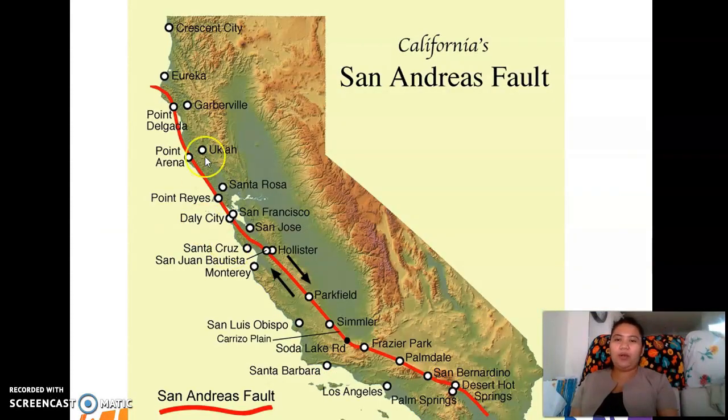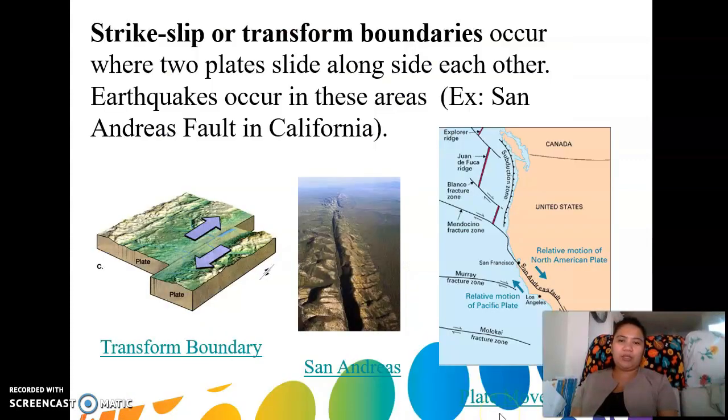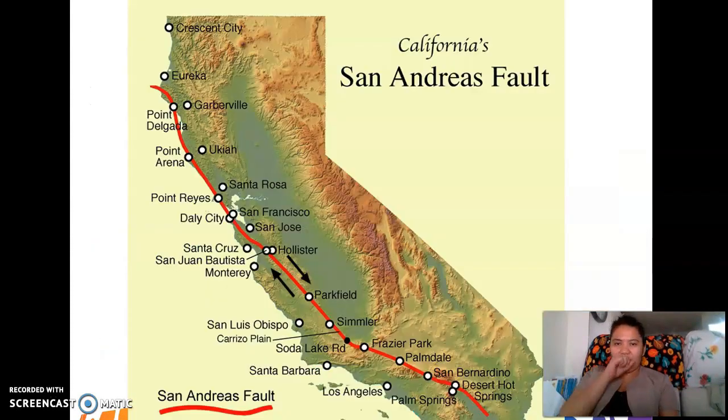So this is how long the San Andreas Fault is. It is a 1,200 kilometer long fault system, and as you can see, it passes through the entire California. Here is Los Angeles, which is a city well known for gambling.